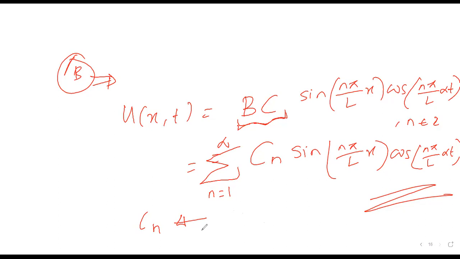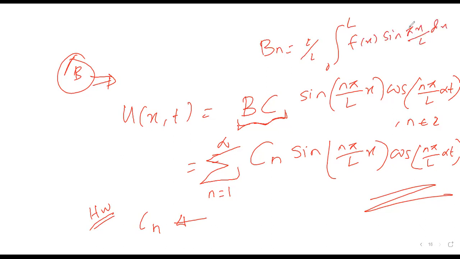So I don't have that much. Okay, you can refer to this one. Cn is equal to, so likewise in our heat equation, Bn is equal to 2 over L integral from 0 to L of f(x) sine n pi x over L dx. So here also you will have something like that.